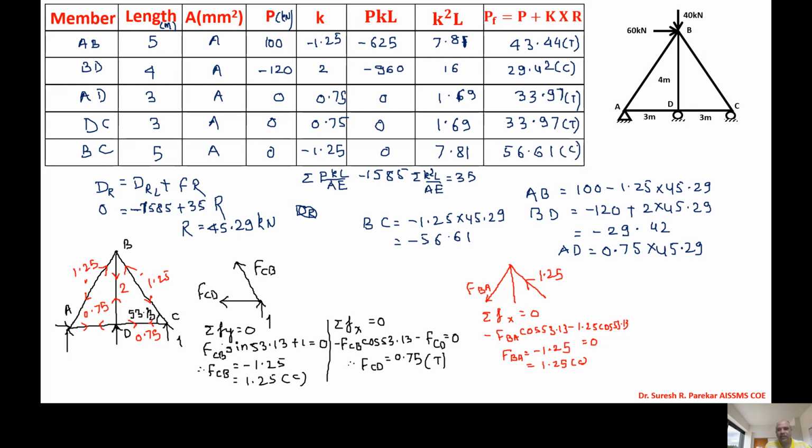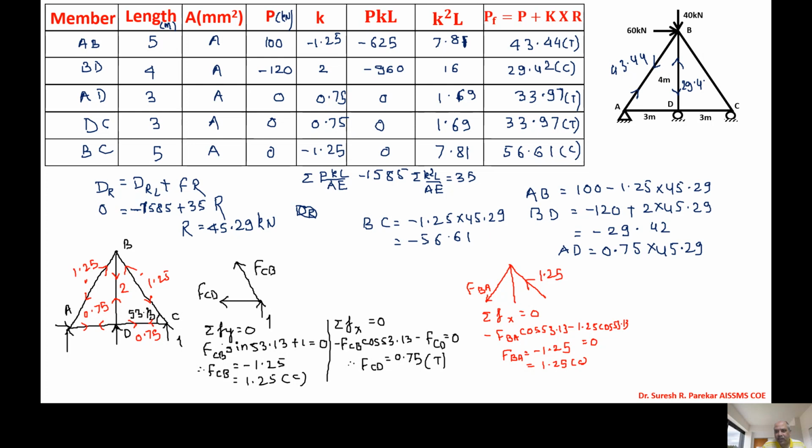Likewise we get these values, and this is all about our truss. Actually, we have to show it in the diagram. AB is tensile 43.44. BD is compression 29.42. This diagram is most important.